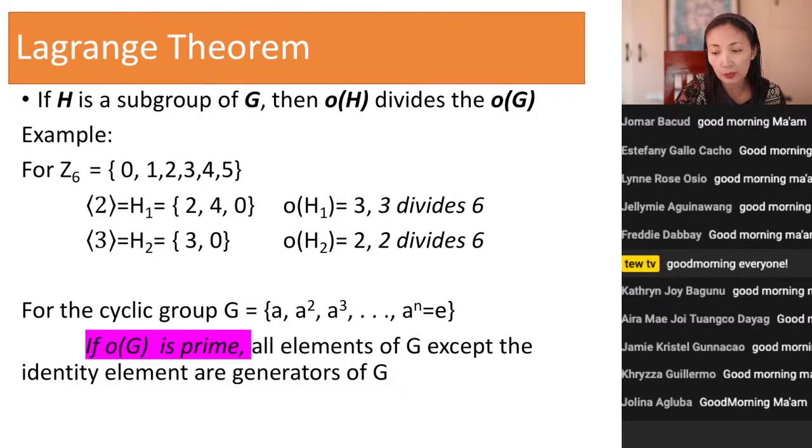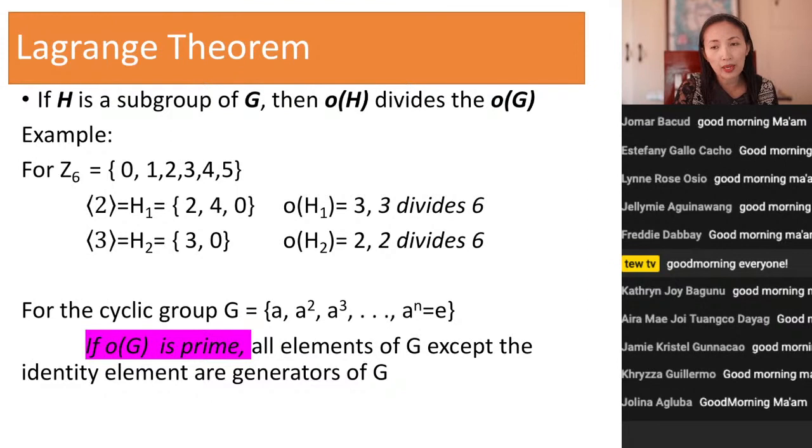Another subgroup of Z sub 6 is the subgroup generated by the element 3, consisting of 3, 0. And there are how many elements here? The order of H sub 2, the second subgroup, is 2, and 2 divides 6.